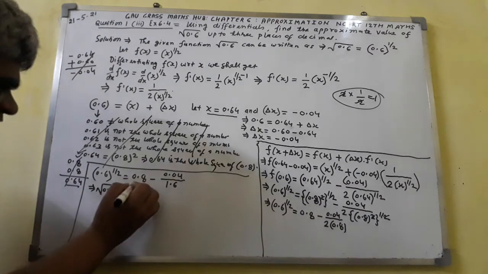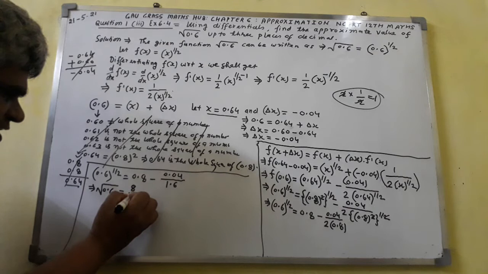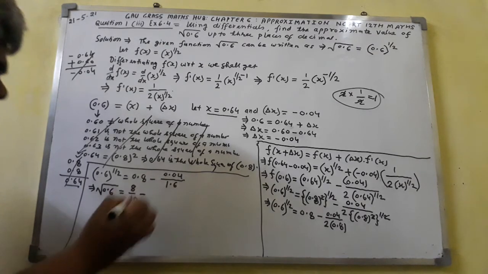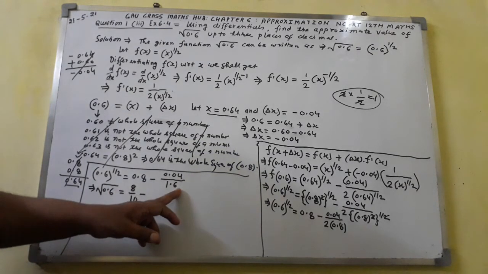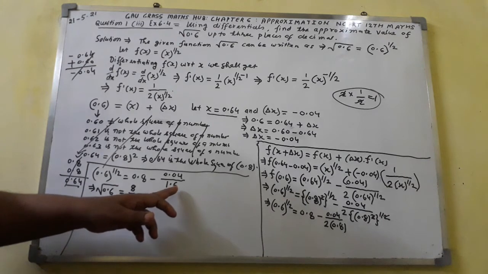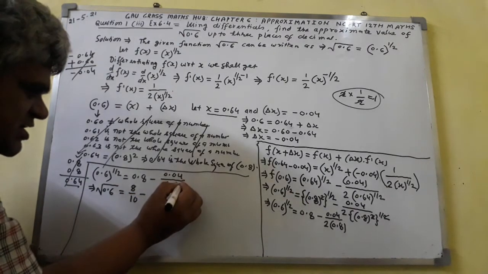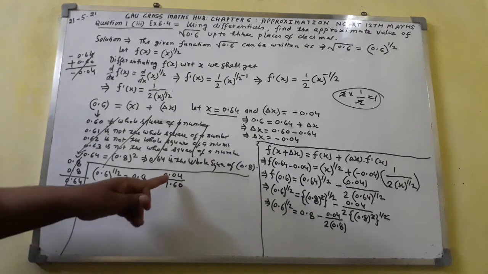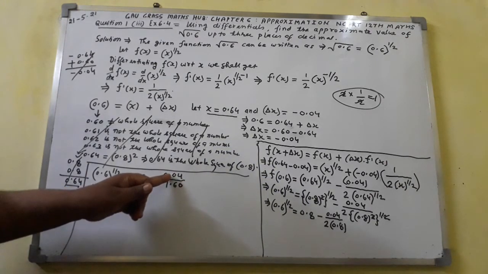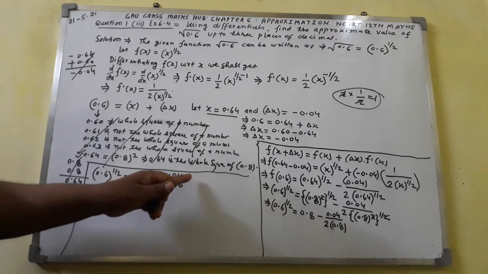0.8 can be written as 8 over 10 minus here you can see 1.6. After 6 you can add here 0. So here in numerator after decimal 2 digits are available.